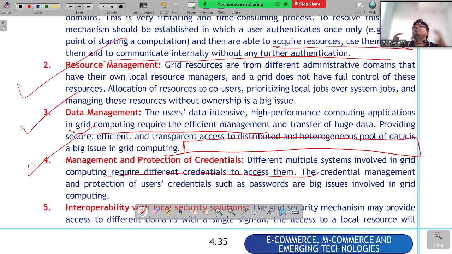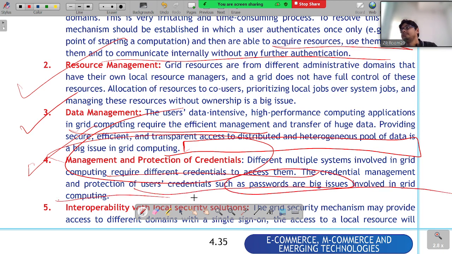It is very difficult to manage all the passwords. So what do we do? We make a list of passwords with IDs and keep it in one file, or else we keep a standard password. To manage that is a big risk in the grid. The management of passwords is a big issue.